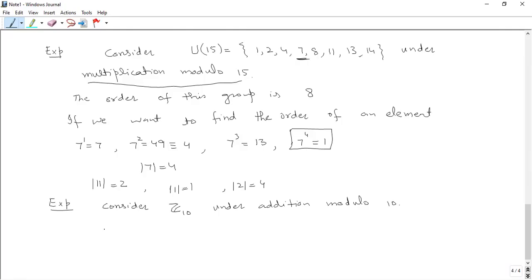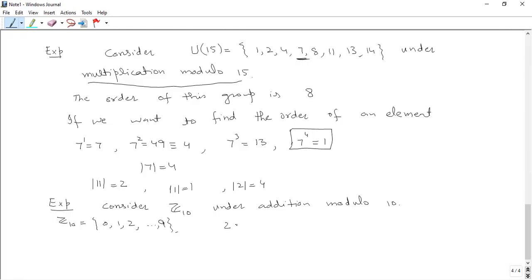We can see that this Z10 is 0, 1, 2 and so on up to 9. And if we want to find the order of 2, we see in the addition, if a group is a group under addition, then we have to add the elements repeatedly until we get the 0, which is additive identity.